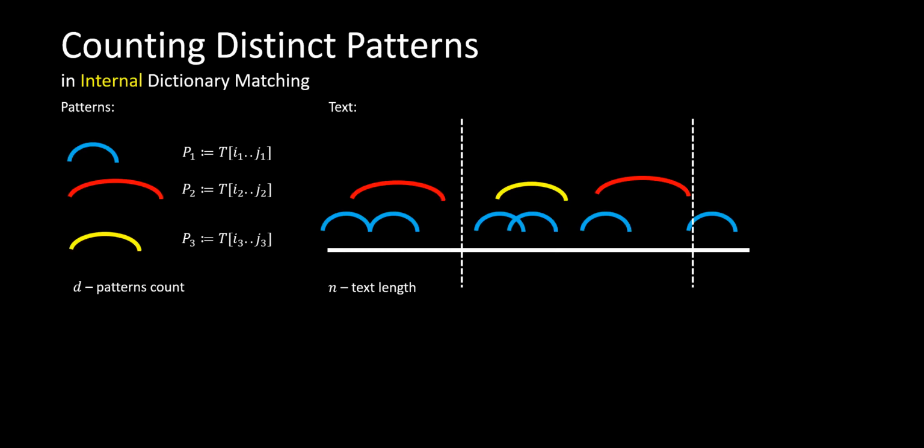Okay, so let's fix some numbers. We fix D as the pattern count and N as the text length. And you can note that the sum of the lengths of the patterns, despite the information being of linear size, can be, let's say, quadratic. It is text length multiplied by pattern count.